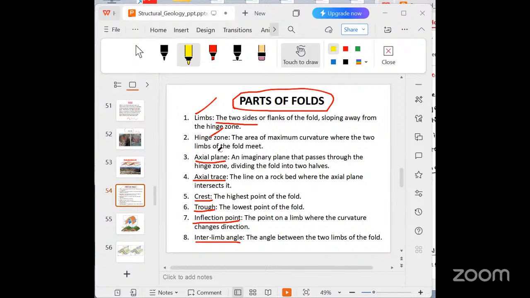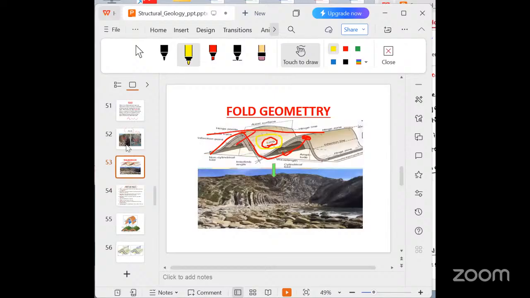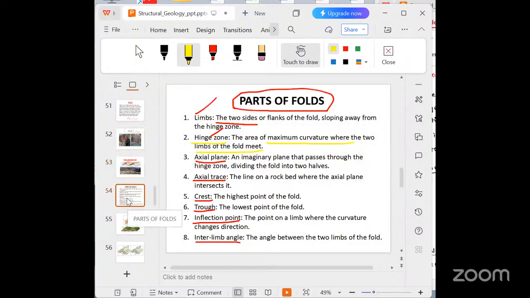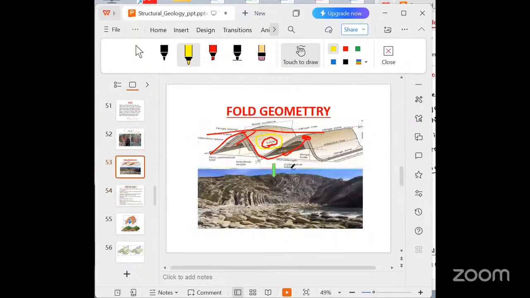Hinge zone. So hinge zone means the area of maximum curvature where the two limbs of the fold meet, right? Where is this hinge zone? Here. You see here, this one hinge zone.